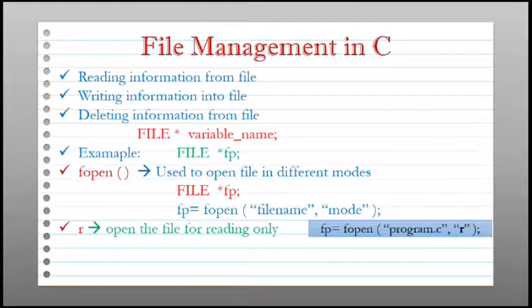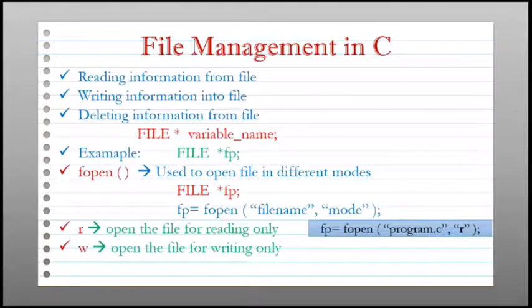You can see there are two arguments. The first one is the file name. We are trying to open a file called program.c by using the fopen function, and the mode we have mentioned is r. That means we are opening this file just to read the content which is present in that file.